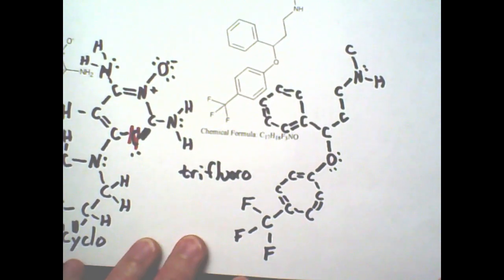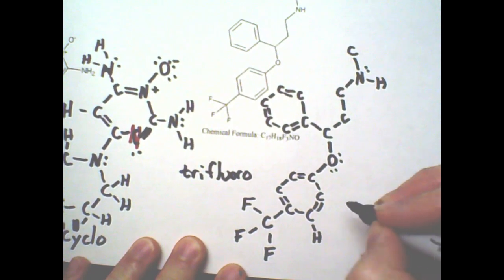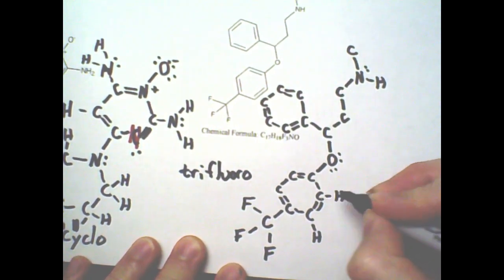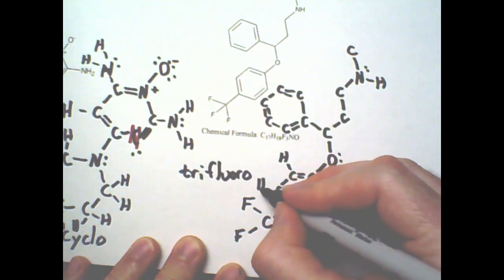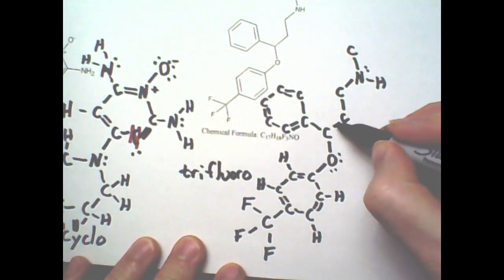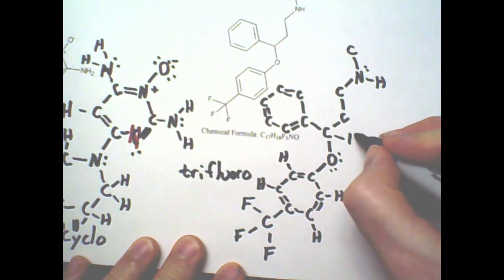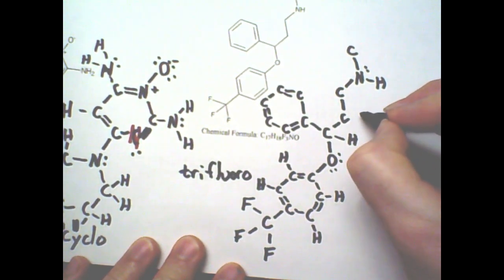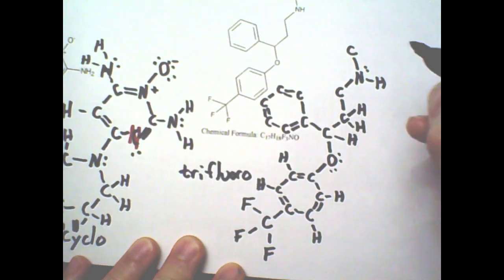Okay, just go in and add the hydrogen. 1 each around the aromatic ring, except where they've got something else bound. This carbon has 1, 2, 3, so it's still going to have another hydrogen. This one will have 2.